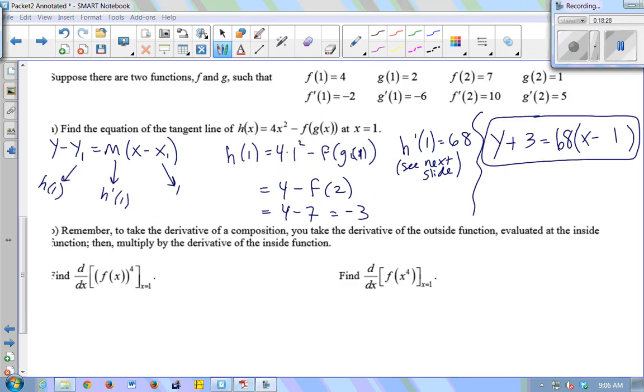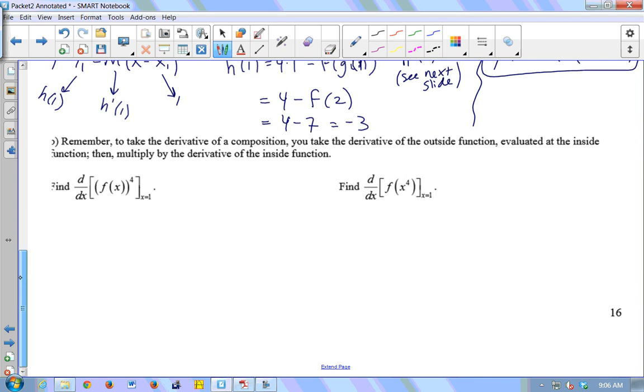All right, so this is a continuation of the same problem. I'm still using those 8 values of f and of g and of f prime and of g prime. So I want to take the derivative of f of x to the 4th. And I want to evaluate it when x equals 1. So the derivative of f of x to the 4th, let's just do that first.